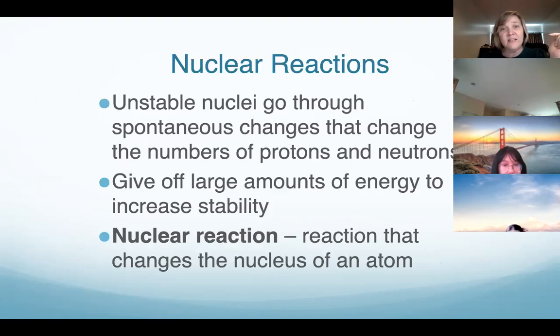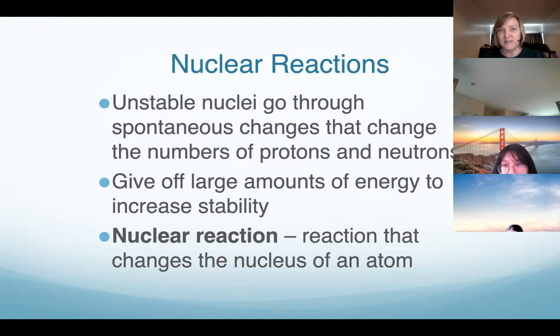Okay, so what happens if you don't have a stable nucleus? You go through what's called a nuclear reaction. Now, for this chapter, we basically don't care about electrons. We're only really looking at the characteristics and the makeup of the nucleus. So remember bismuth, number 83, is kind of the last stable nuclide.